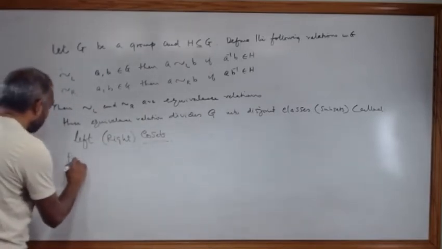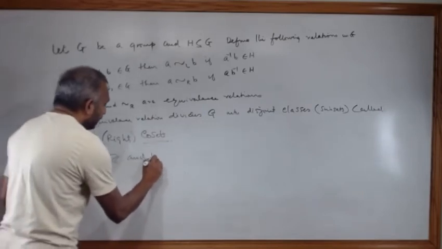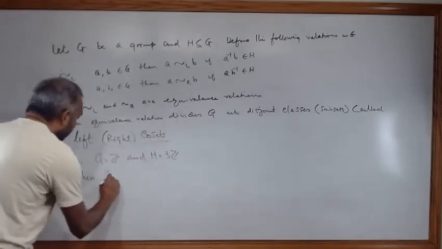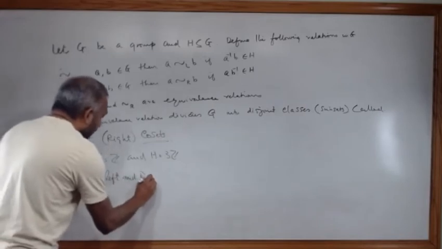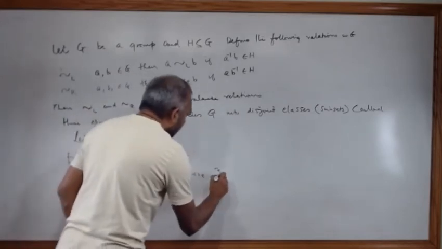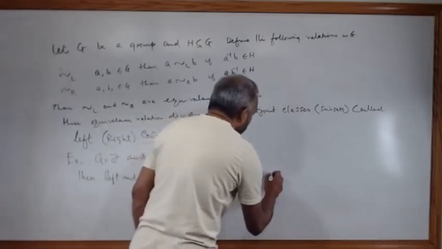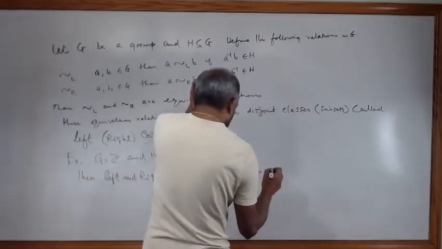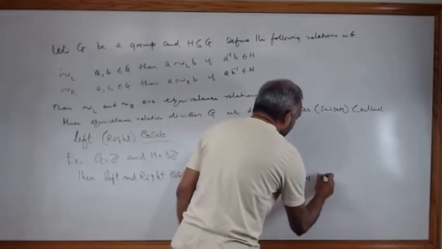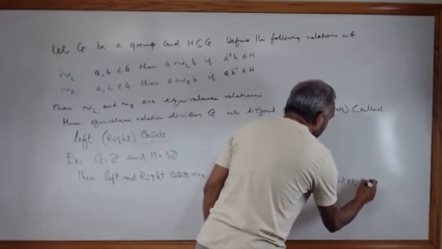Example, G is equal to Z and H is equal to 3Z, then left and right cosets are 3Z, 1 plus 3Z, 2 plus 3Z, and 3Z, 3Z plus 1, 3Z plus 2.